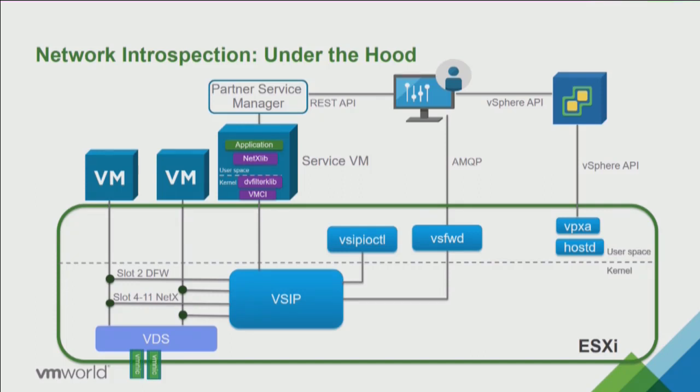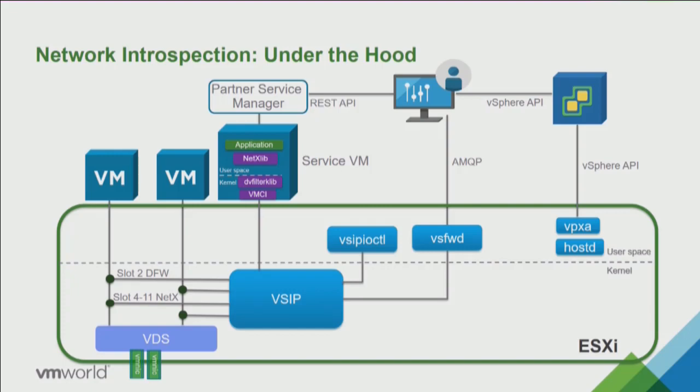Now we have slots. Think of these as slots. As the traffic leaves or enters the VM, slot 0 to slot 2 are proprietary, reserved for NSX, and slot 4 to 11 are reserved for partners to take advantage of. So slot 4 could be partner A, slot 5 could be partner B, another service. So you can redirect the traffic.